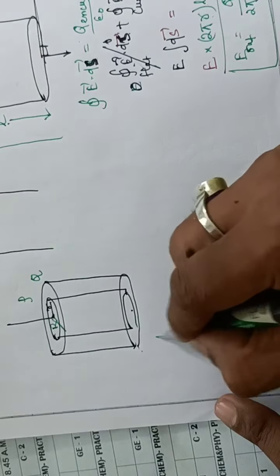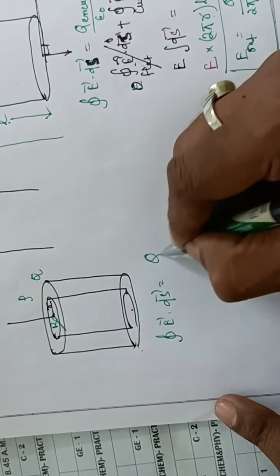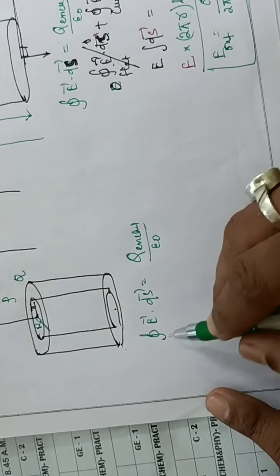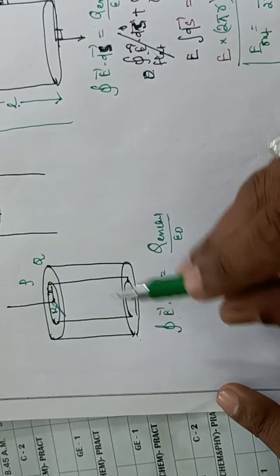So again we will move like this: ∮E·dS equals q enclosed upon epsilon naught. Again ∮E·dS is due to how many surfaces? Two surfaces, one curved and one flat.